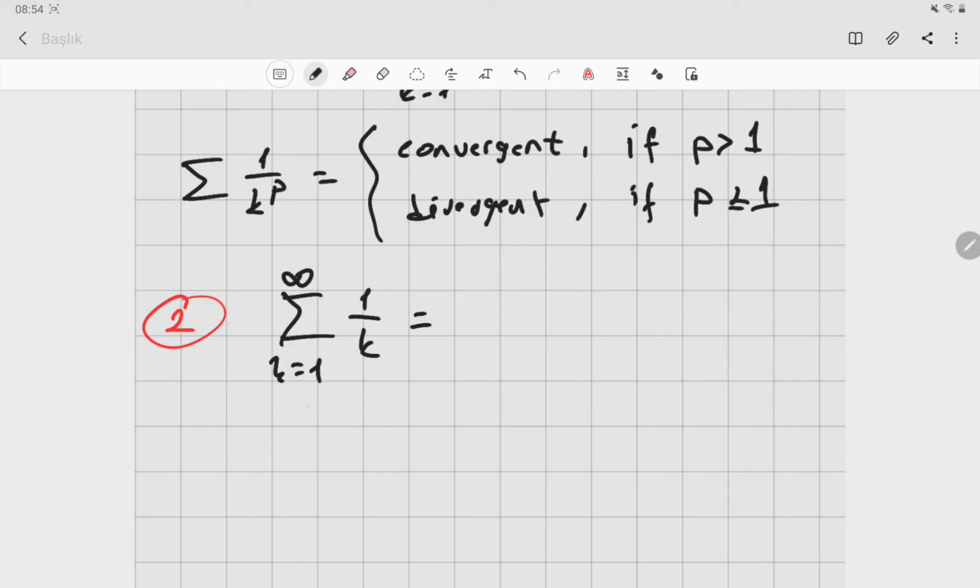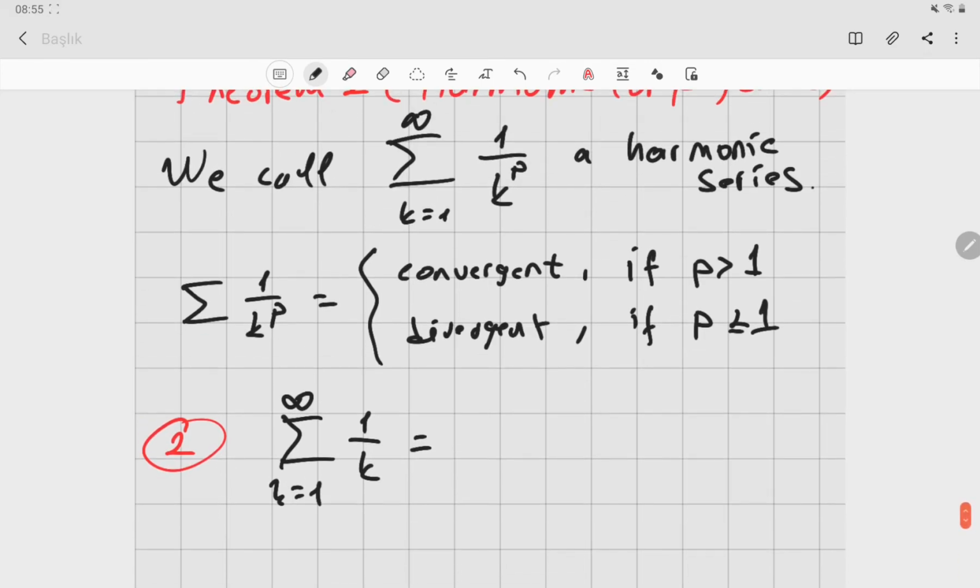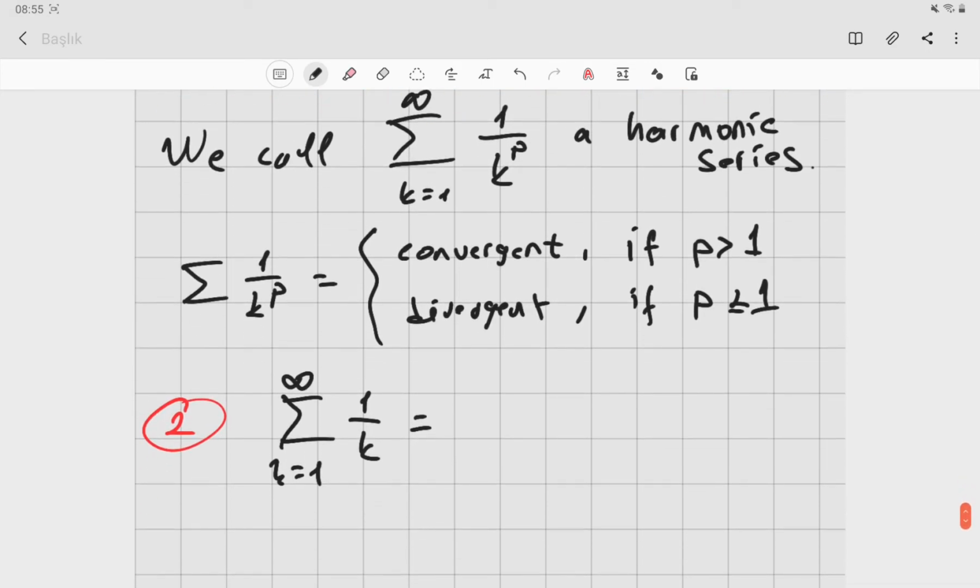And you may solve this example also by using the harmonic series or P series test.